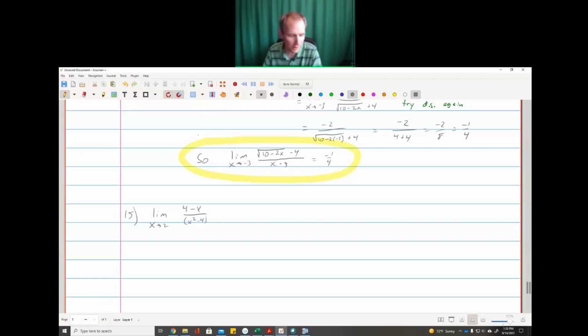Oops, I don't need parentheses there. Okay. When I try direct substitution, I'm going to get 4 minus 2 over 2 squared minus 4, just 2 over 0. So we have an infinite limit again.